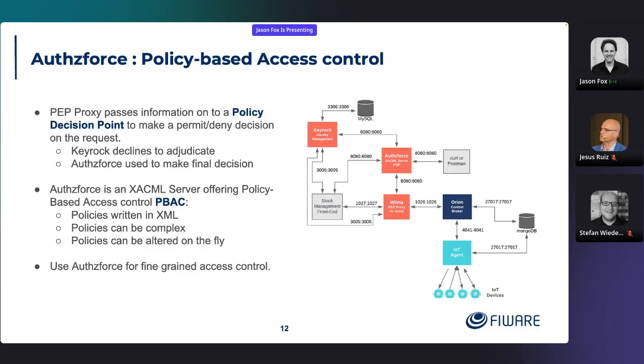Wilma, the PEP proxy, then needs to get hold of the user from Keyrock, and then it needs to pass or delegate the decision making over to AuthzForce. Again, both Wilma and AuthzForce may need to connect to Keyrock before they go to the context broker. XACML rules can be very verbose, but they can be very fine grained.